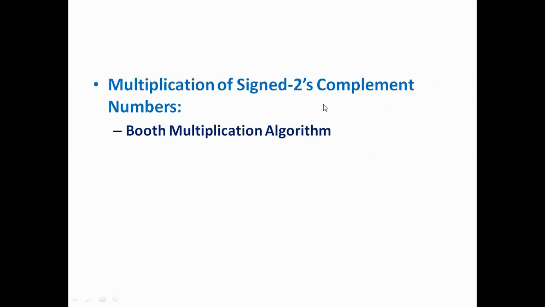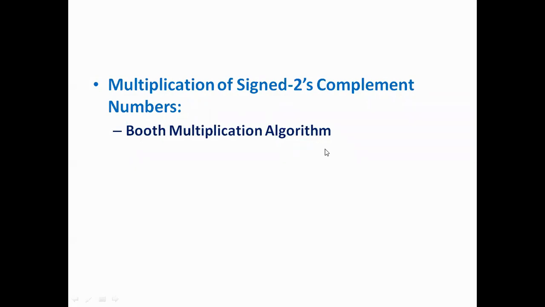Those types of numbers we will take up and see how they can be multiplied. For multiplying signed 2's complement numbers, we use a famous algorithm that is called Booth multiplication algorithm.